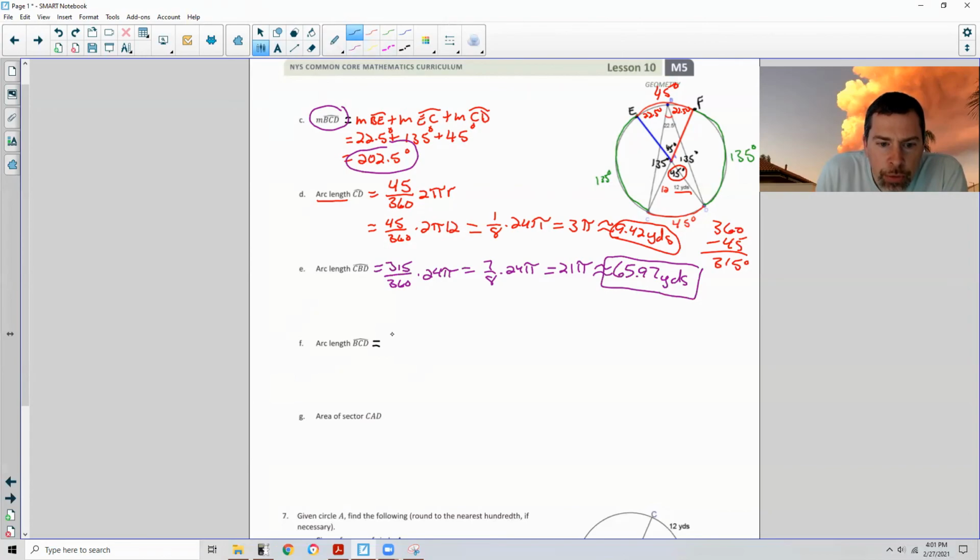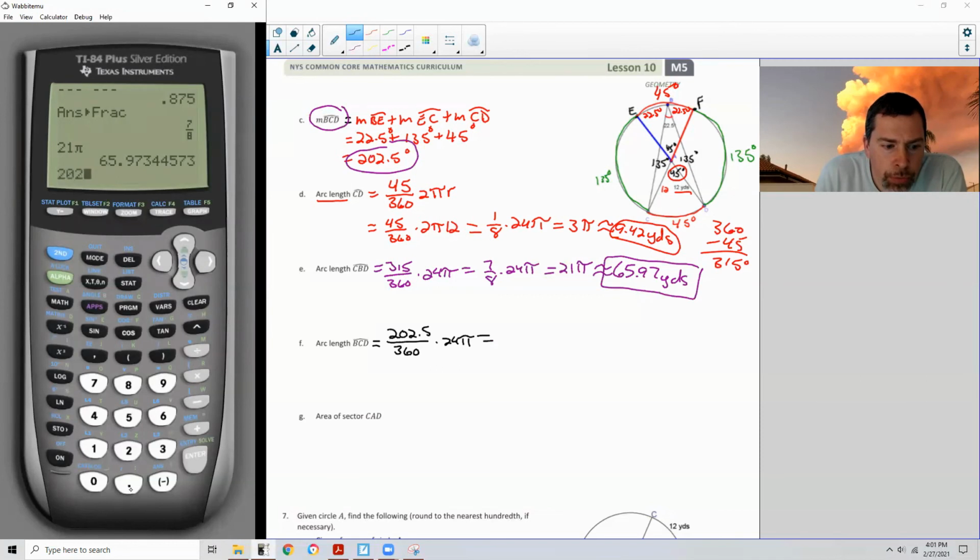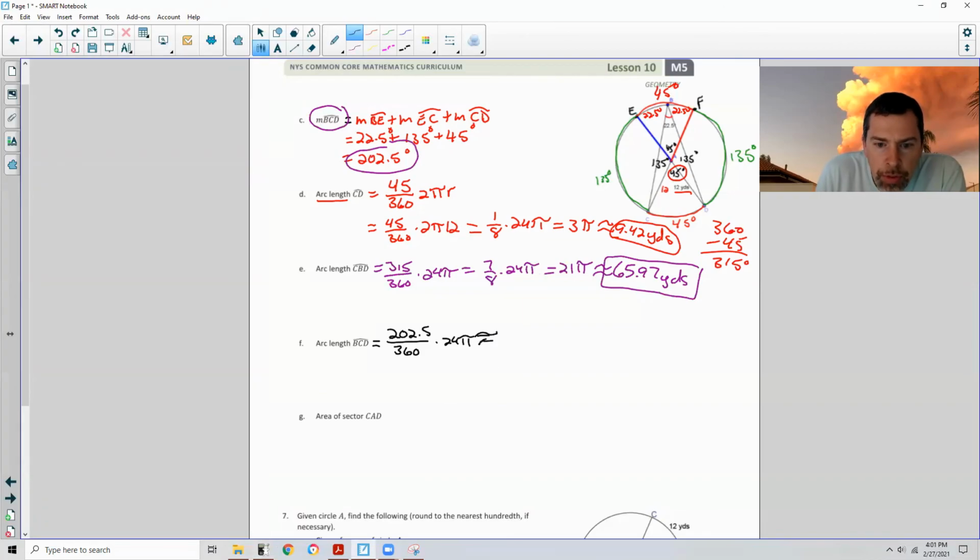So that's going to equal the central angle of 202.5 divided by 360 times 24 pi. And that's going to equal 202.5 divided by 360, enter, times 24 pi, enter, and I get 42.41. Approximately 42.41 yards.